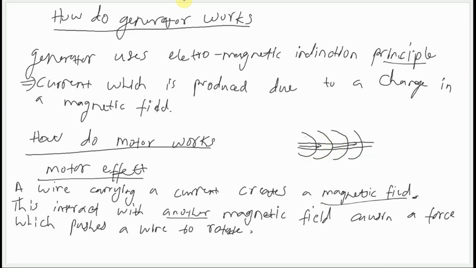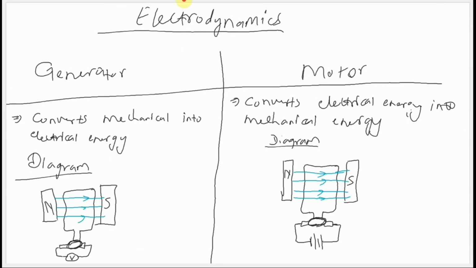So when we provide this loop of a wire with a current, a magnetic field will be formed around here, and this magnetic field will interact with the magnetic field produced by these two magnets, which will cause this loop to rotate.